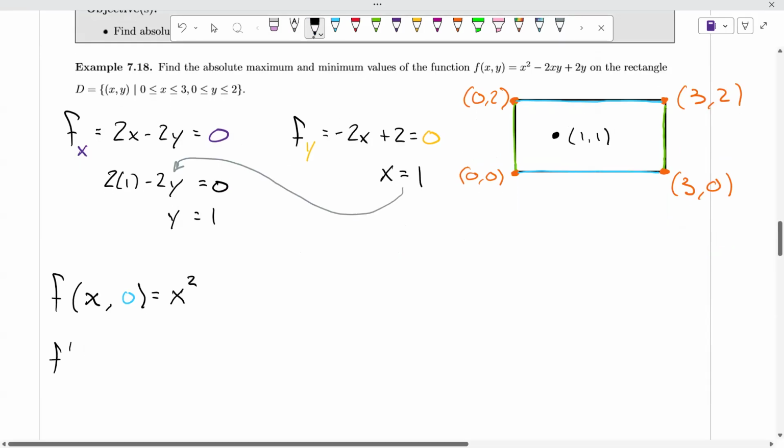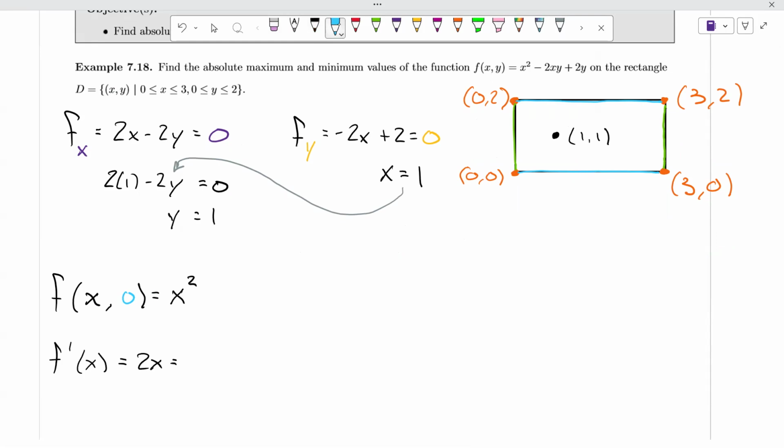So the derivative of that, f prime of x, is 2x, and it should be equal to 0. And since we're right here, let's just go ahead and get the point x equals 0, since that's our only solution there. If x is 0, I'm on the line y equals 0, so y is also 0, but I already have that point. 0, 0 is one of my boundary points, so I don't need to check it twice. Once will be enough.